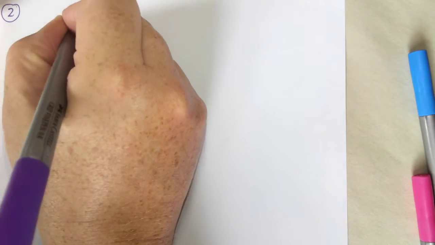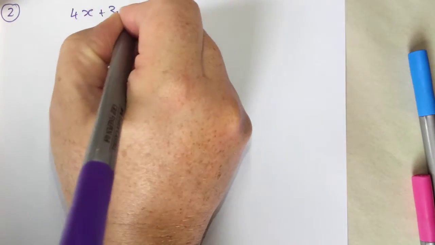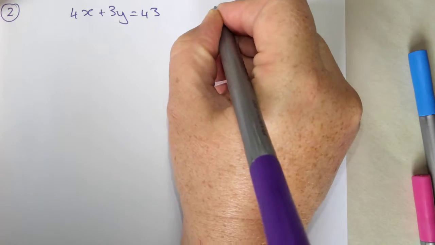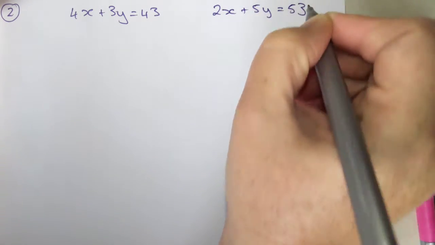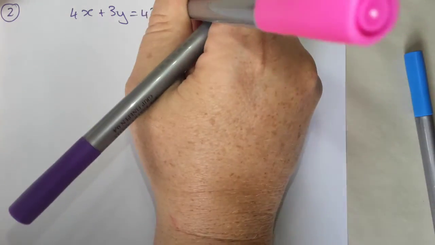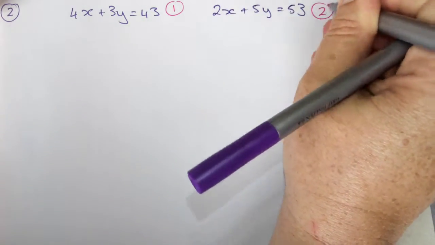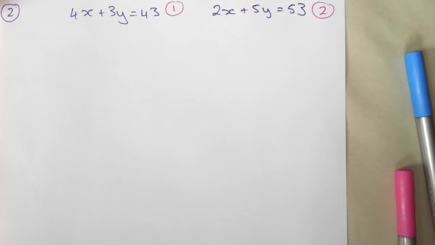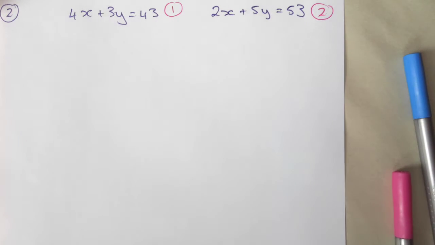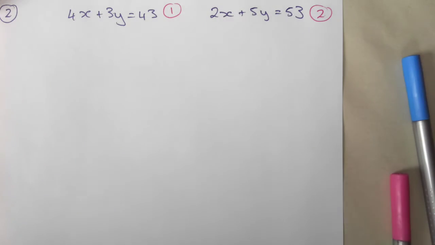So I have the equation 4x plus 3y equals 43, and the equation 2x plus 5y equals 53. I'm going to call them equation 1 and equation 2. I need to choose whether I'm going to eliminate x or y. We did x last time, so how about we eliminate y this time?